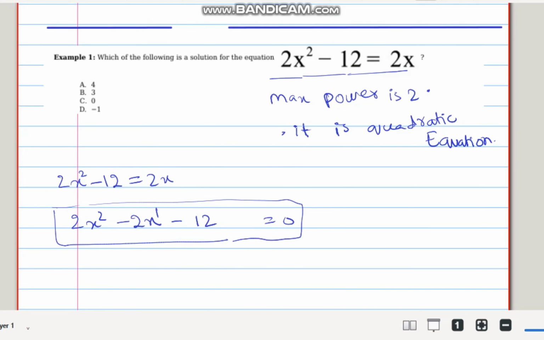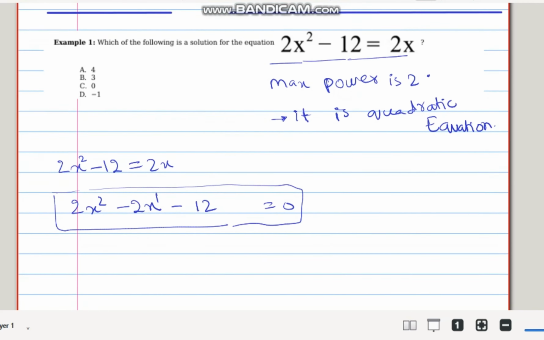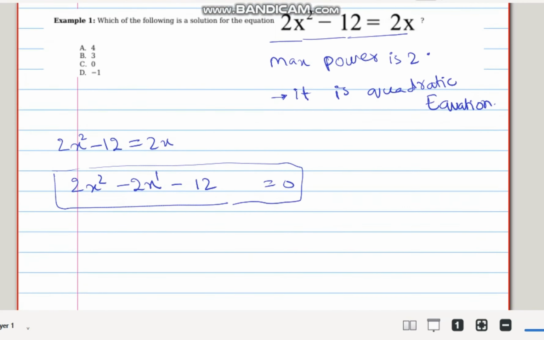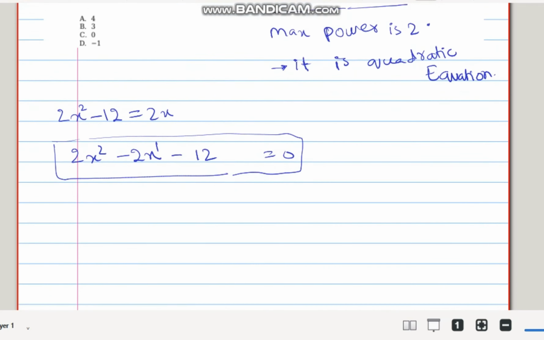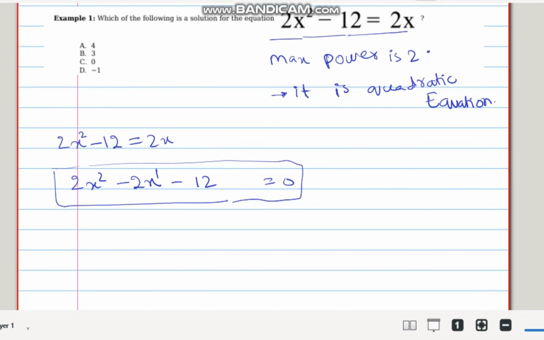We have the equation and we have some options. These are the options: 4, 3, 0, minus 1. So what will be the correct solution for this? How will we do that? Basically, we will just put them one by one in this equation. We will put the first value, which is x equal to 4.